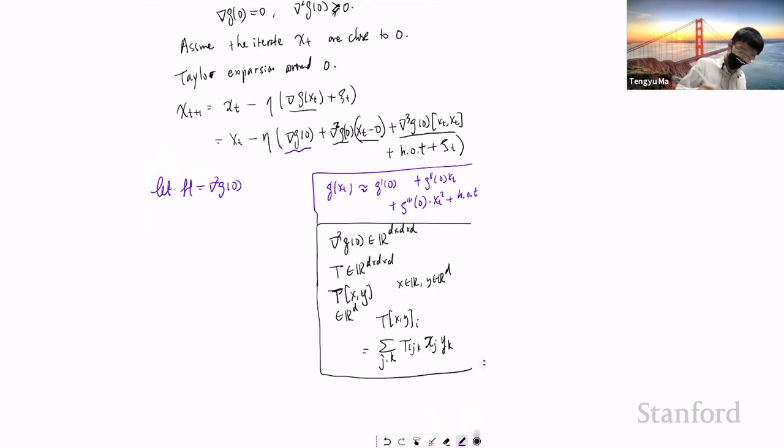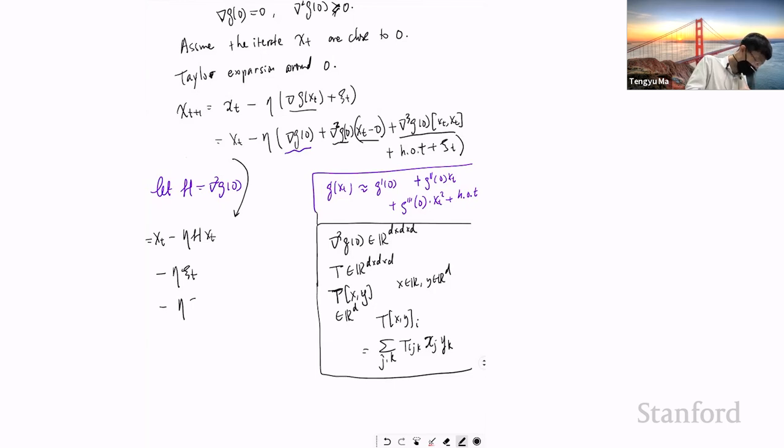Then you can rewrite this as x_t minus eta H x_t minus eta ξ_t, and minus the third order term.